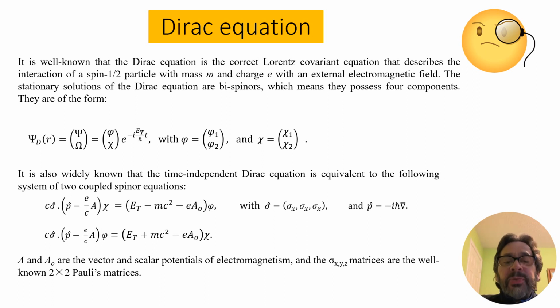In these equations, we have an operator sigma, that is a vector operator and a matrix operator. The 3 components of the operator sigma are the well-known 2 by 2 Pauli matrices, and in this equation A and A0 are the vector and scalar potentials of electromagnetism.